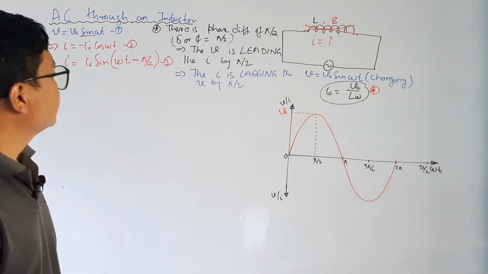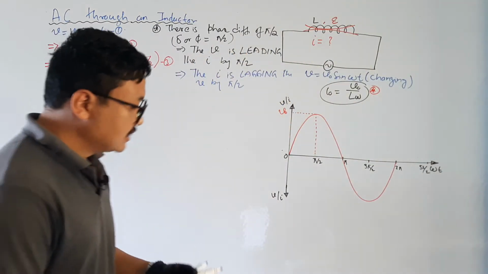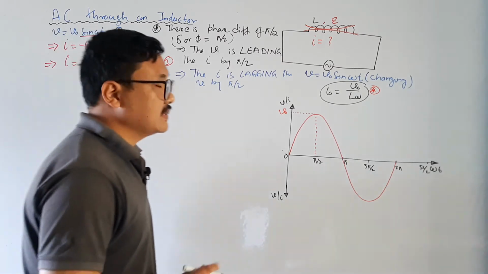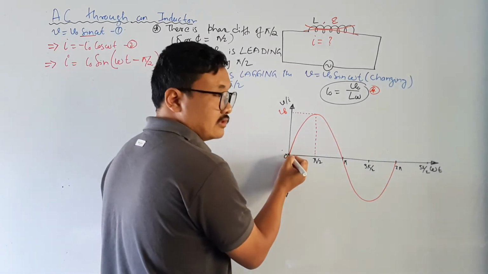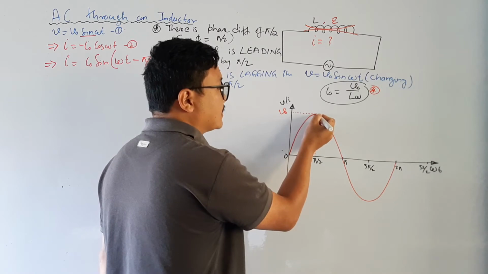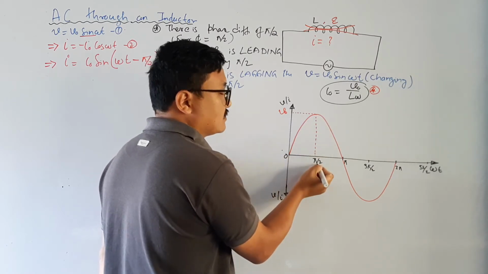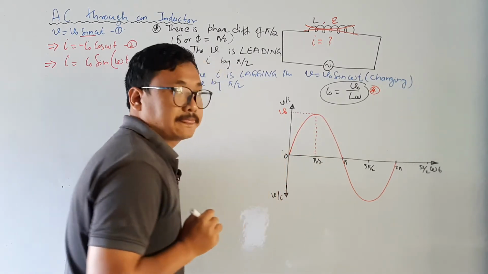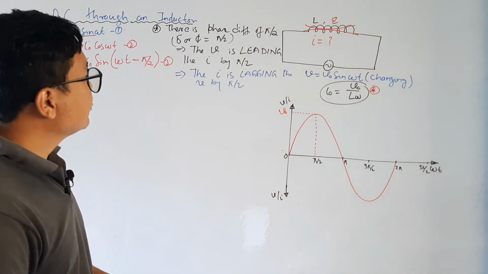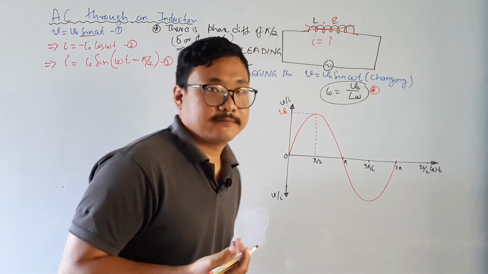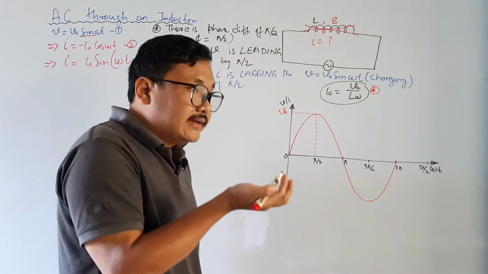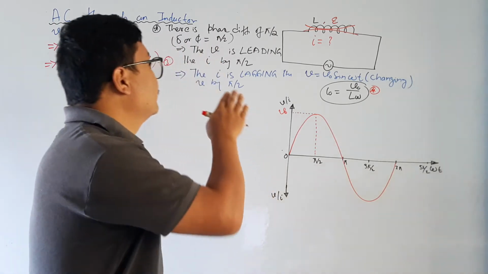Now I have to put the current also. Here the voltage started from 0 and reached the maximum V0 at pi by 2. And the current is lagging. The current is behind the voltage.